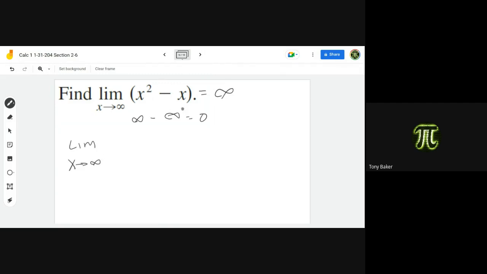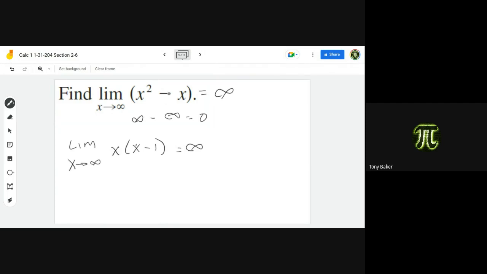So you can't do subtraction like that. However, I can factor out the x. So now I have infinity times infinity, which I can do. When we're looking at it in terms of multiplication, that does work. That's going to go to infinity, and that's going to go to infinity. So therefore, the entire problem has to go to infinity.